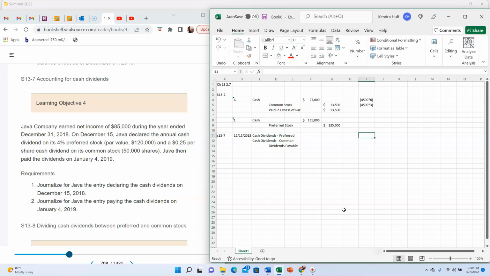All right, so the preferred, that 4%, they get 4% of par value. That's their dividend. So it's the 4% times the par value of $120,000.